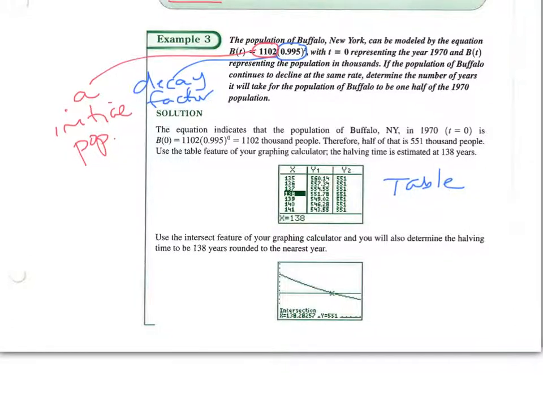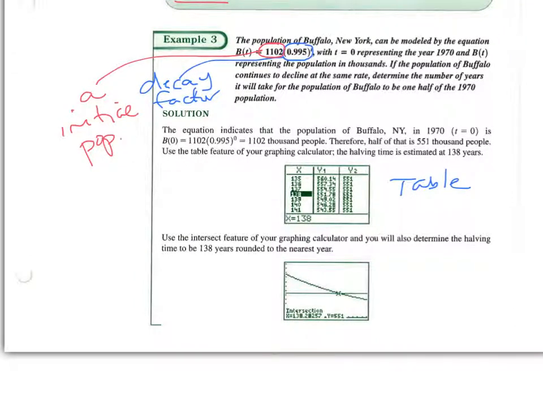Okay, the second one is they have the original function in y1, and then in y2 they put in this half, which is 551, and they find that intersection point, and then you can see this is where it happens at about 138 years, 138.3, depending on how we're rounding. So that's the same thing you did above.